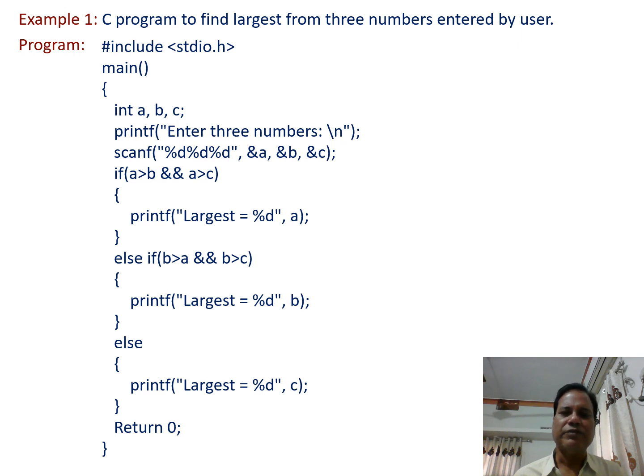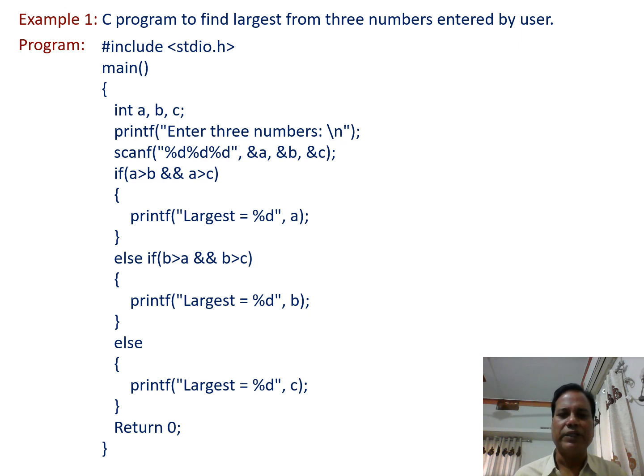If the condition is false, then we go to the else if: b is greater than a and b is greater than c. Here we are comparing b with a and c, combining these two conditions with the AND operator.